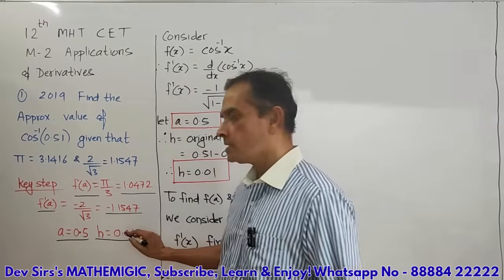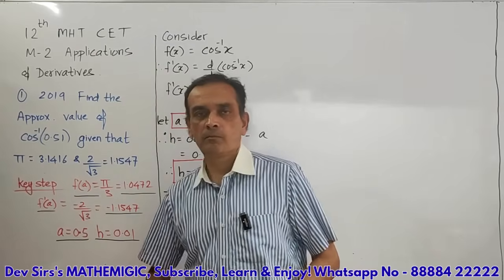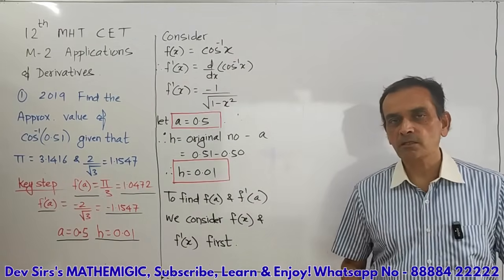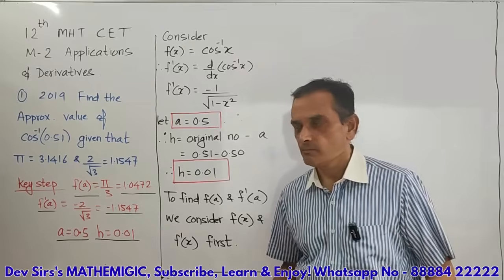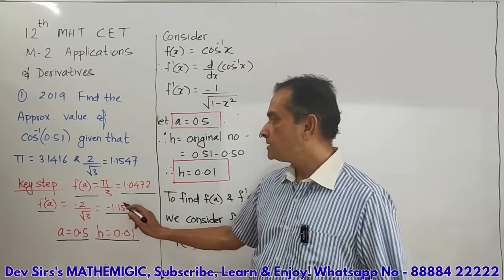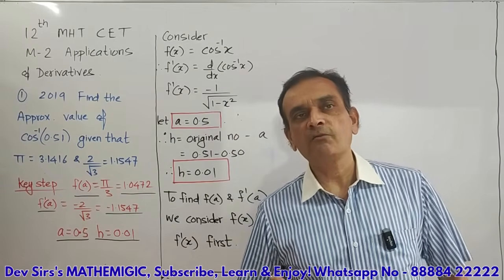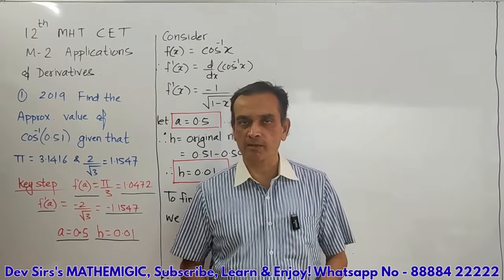First, A and H. After that, F A, F dash A. Once you get these 4 things, you can find out any answer. I'm repeating. First A and H, then F A and F dash A. And then there is a certain formula which we will be using.